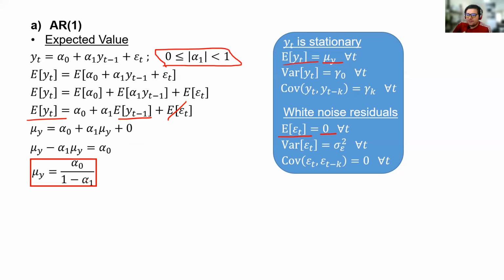You can see that if alpha 1 is equal to 1, this division will be indeterminate, and that will cause our model to be non-stable, and we don't want that. So that's why I don't want any alpha that is remotely close to 1, right? And please remember this equation, mu equals alpha 0 divided by 1 minus alpha 1, because in a couple of slides we're going to need it.